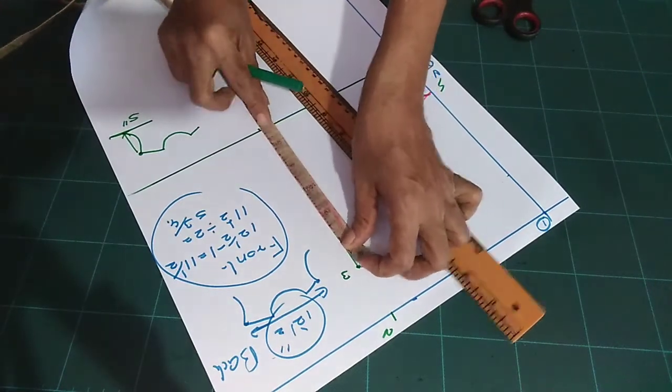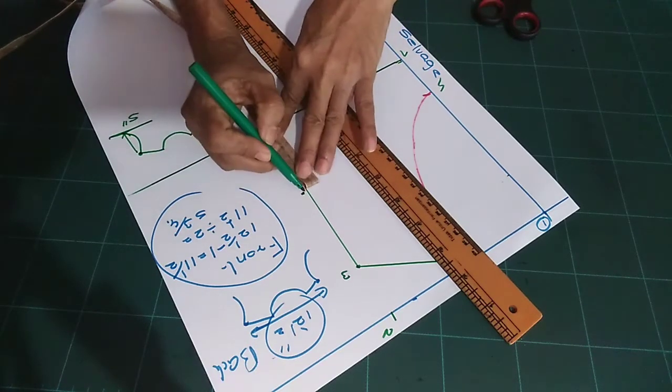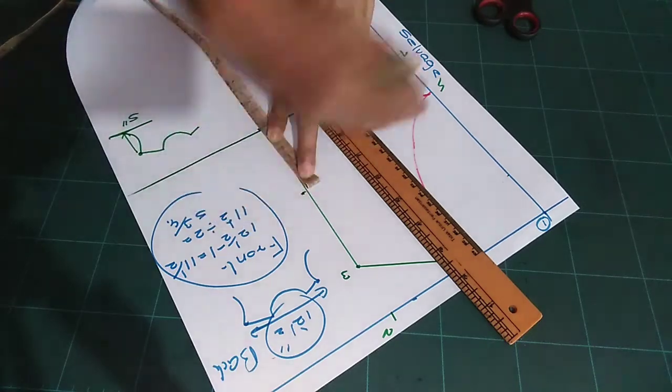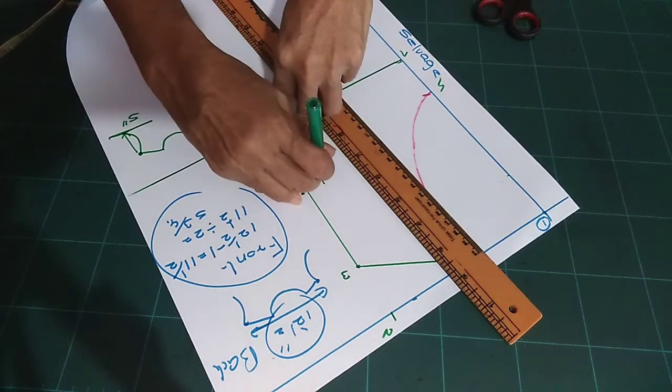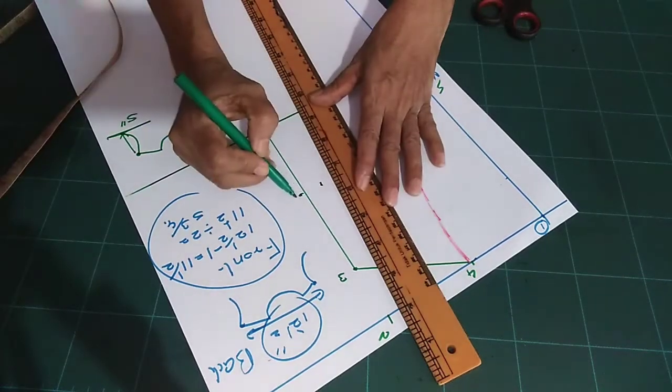In the middle of the line, from this line I measure a 1/2 inch in, like this, 1/2 inch.